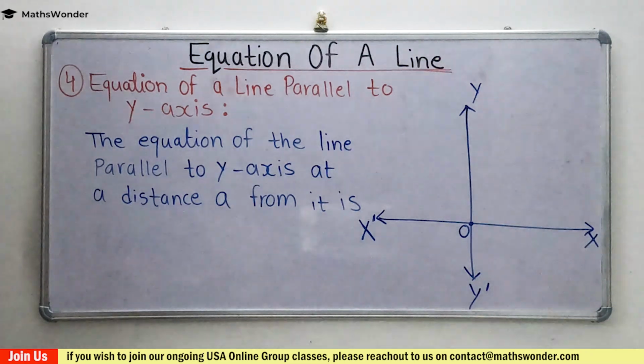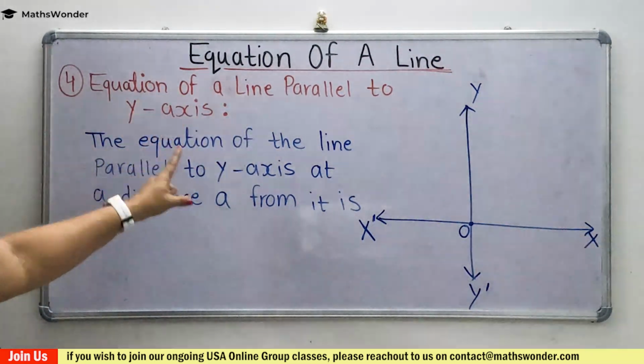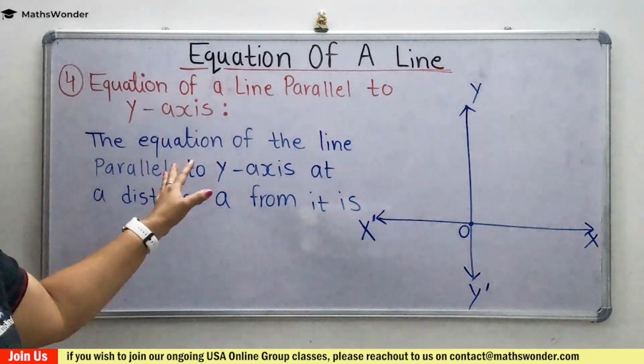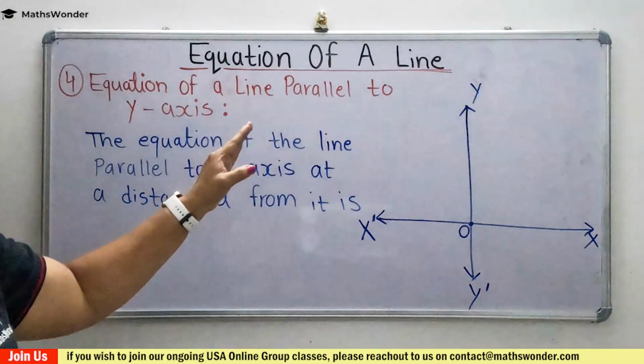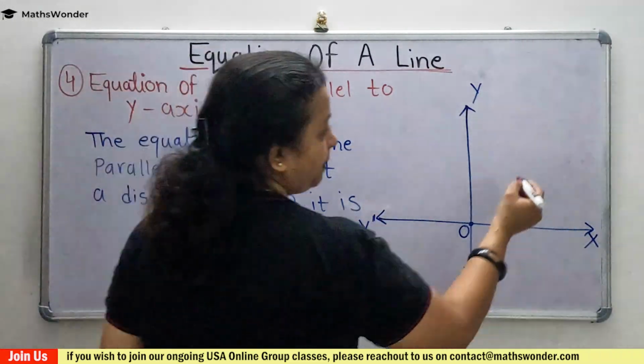So now the fourth important case is the equation of a line parallel to the y-axis. As we have discussed last, the equation of a line parallel to the x-axis. Now this is the equation of a line parallel to the y-axis. First of all, I will draw the parallel line.